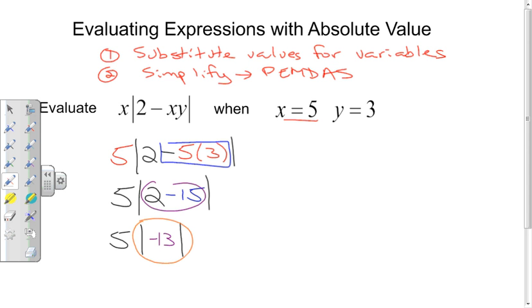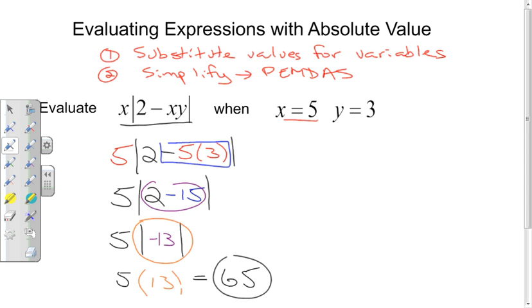In this case, the absolute value of negative 13 is 13, so I write 5, still doing multiplication, times 13. From there I will get 5 times 13 is 65. This is my final answer, that this expression that was given is equal to 65 when x is 5 and y is 3.